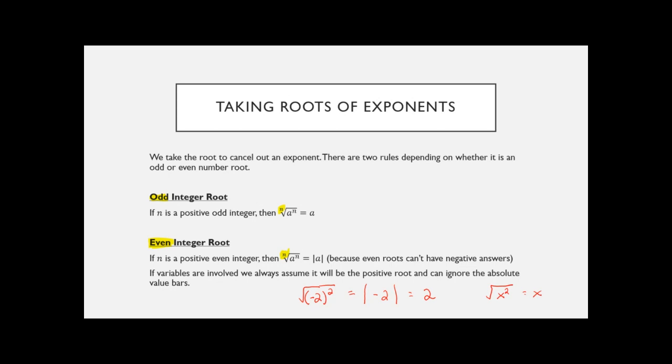We just assume it's going to be the positive one. It just makes life easier. But it's just a little note, and there will be few situations where you have to remember to take the absolute value, but it doesn't happen too often. With odds, it doesn't matter.